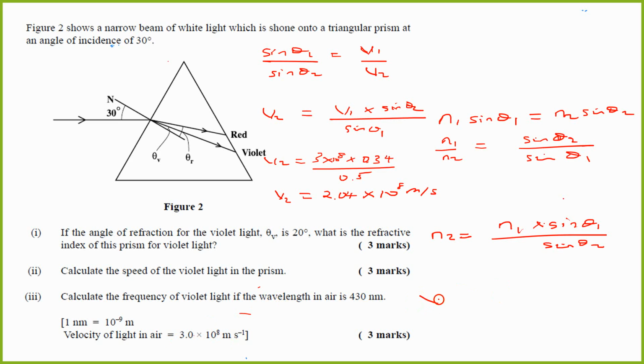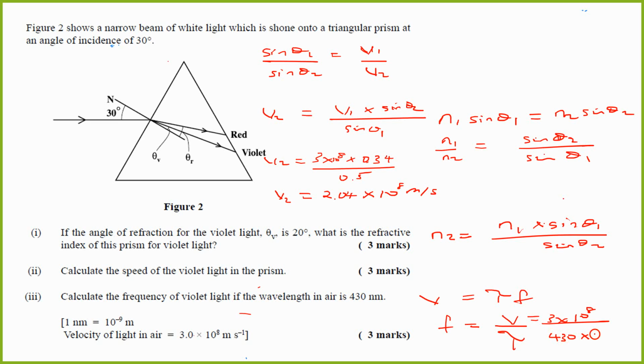So remember that equation that says V is equal to wavelength times frequency. We just transpose that to find frequency. So frequency would be equal to speed divided by wavelength. Our speed is 3 times 10 to the 8, divided by the wavelength.